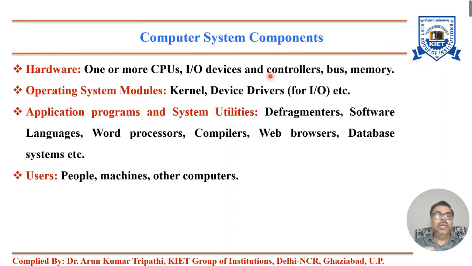Application programs or system utilities include, for example, Internet Explorer, Firefox, Chrome, that means web browsers, software language compilers, database systems, and system utilities such as defragmenter, etc. The user may be a person, a human being, or a machine that interacts with the particular computer on which I am working.